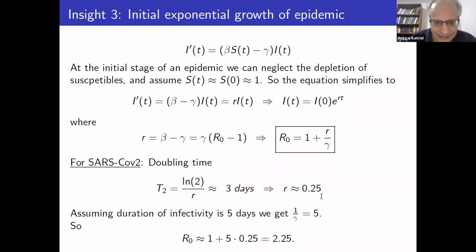That's in an unmitigated situation. And let's say the duration of infectivity is around 5 days, so you can get this estimate of 2.25 for R naught. This is how the R naught was initially estimated, and the results were between 2 and 3. Now it's about twice that, between 4 and 6, because of the delta variant.